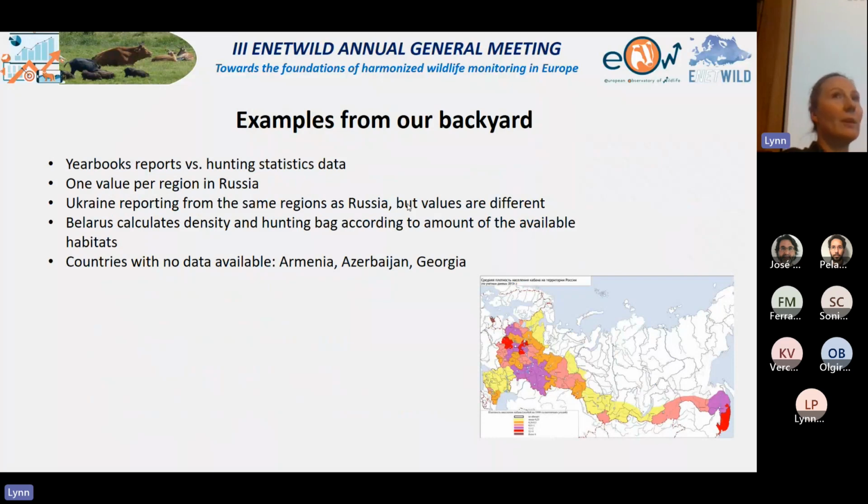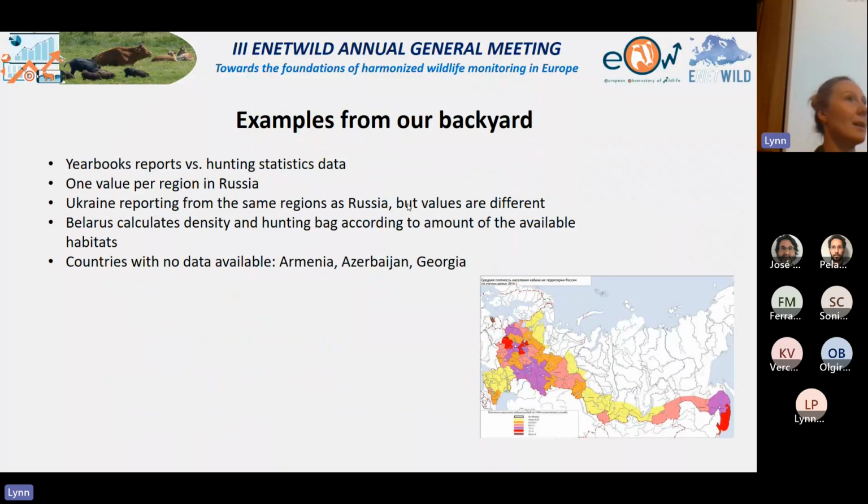But after 3 years, we realized that they are reporting per hectare, not of the area, but of the area available or preferable for certain species in that region.